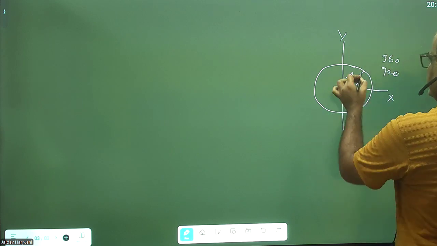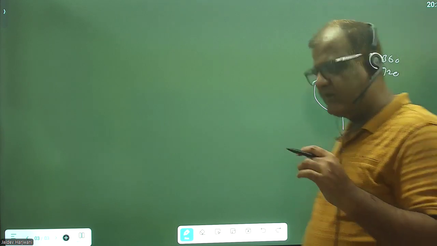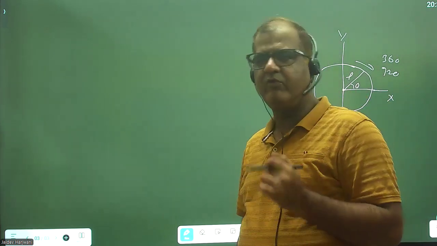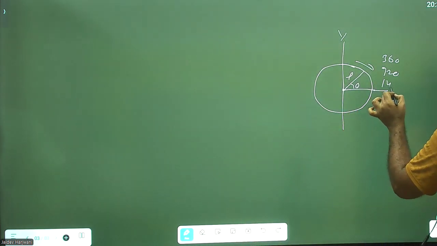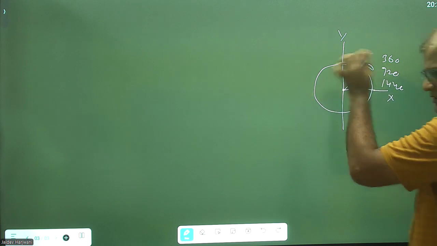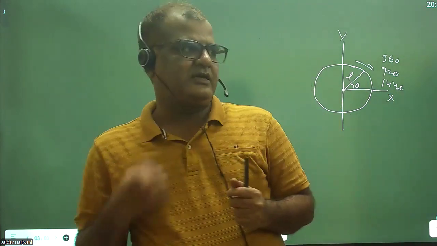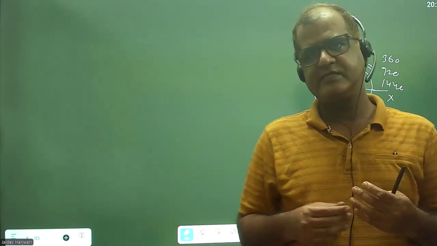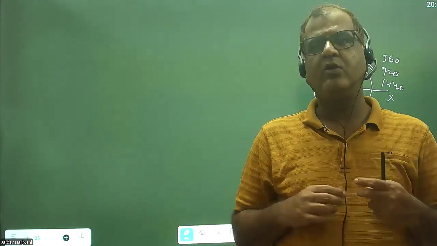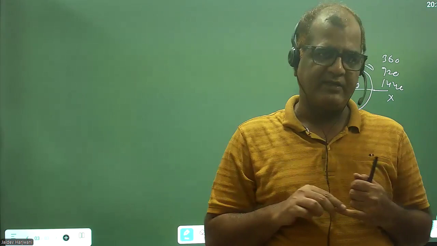Now similarly, if I can measure the angle with a 1 by 4 degree accuracy, then this becomes 1440 states. The rod can be in any of 1440 states. Exactly in which state the rod is can only be known when I go for measurement.